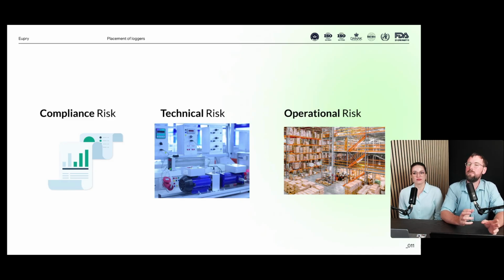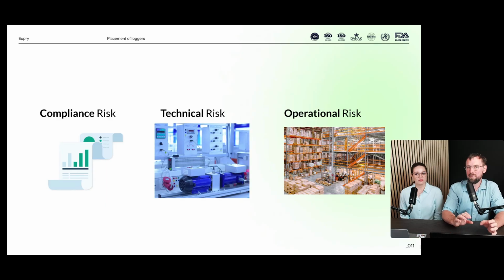And then we have operational risk, which can be a bit tricky because it is really related to how you use the facility. If it's a brand new facility, you might not be absolutely specific on exactly how you plan to use it. That means: how do people enter and leave the facility? Where do goods go from? There might be a loading bay. Do they go directly from the loading bay to long-term storage?